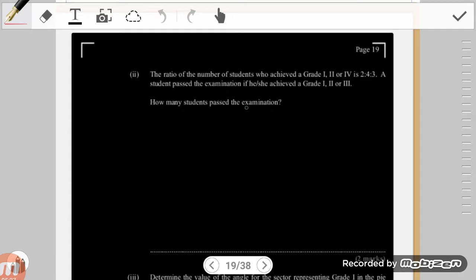The main question is how many students passed the examination, and they said that a student passes the examination if he or she achieves a grade 1, 2, or 3. With this statement and the question being asked, I can immediately derive a small formula to help me.